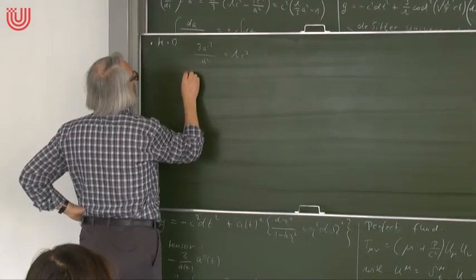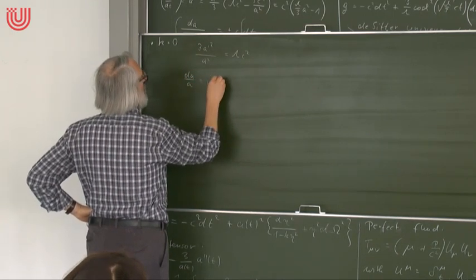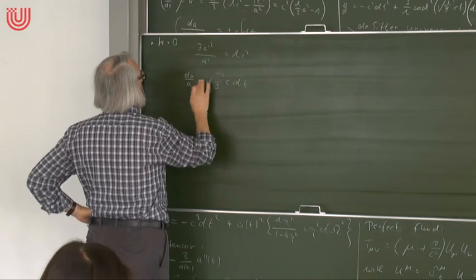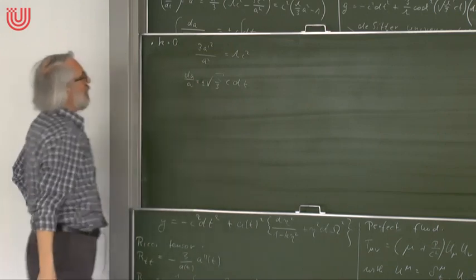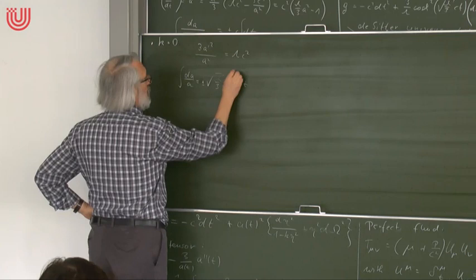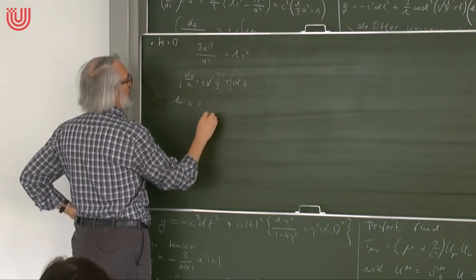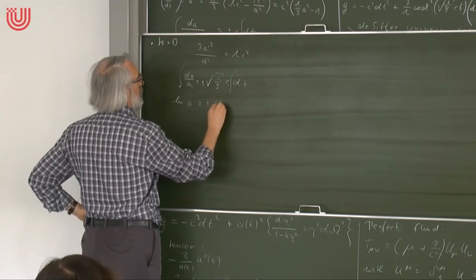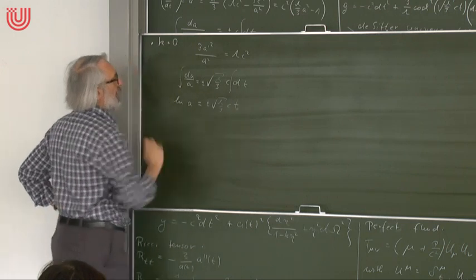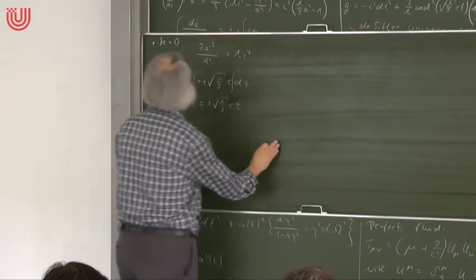So I get da over a is plus or minus root lambda over 3 times c dt. That's even easier to integrate than what we did before. So this is just the log, right? This is ln a. This is plus or minus root lambda over 3 c t. And again, you are free to add an integration constant. So you may write instead of t, t minus t naught.